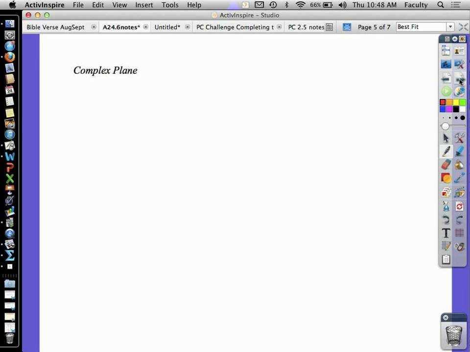All right, now let's look at what's called the complex plane. It's going to look like your regular coordinate system. However, what happens is the real part is plotted on the x-axis and the imaginary part is plotted on the y-axis.